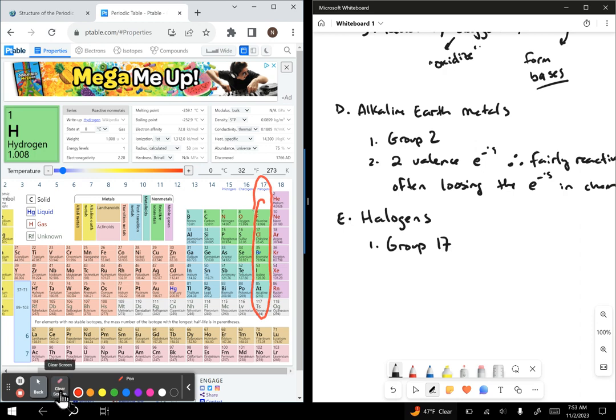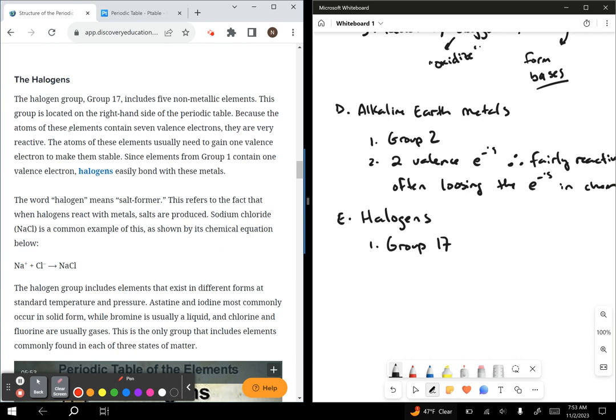They include 5 non-metallic elements, located to the right side. They are very reactive, but not because they have one to give away. They actually have 7, so all they need is one more electron.